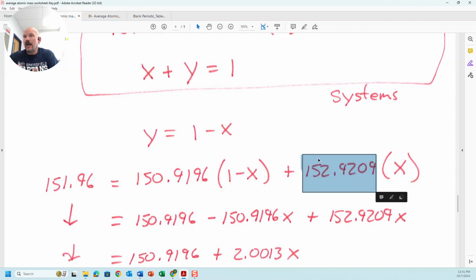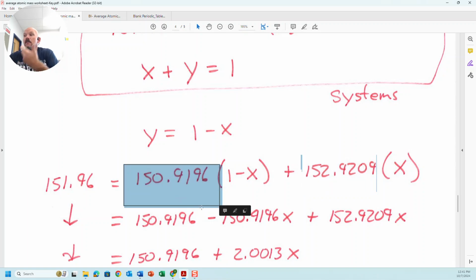So when I solve for X, that's going to be the percent for this isotope. And then 1 minus X is going to be the percent for that isotope, okay? If I switched it, I got to make sure I remember that, right?